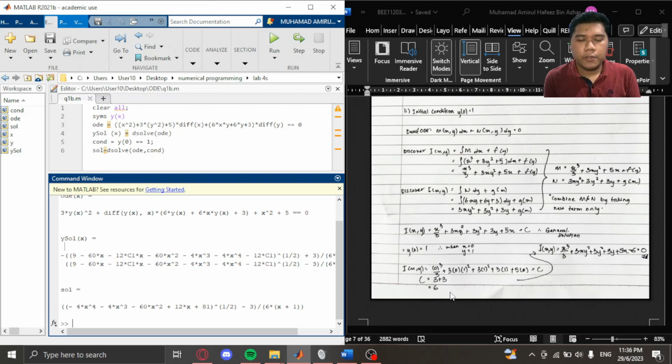This could be due to the transformation of the manual calculation to MATLAB, since when C is multiplied or divided by any number, it is still a constant C. So this could change the actual value of C. Because of that, the answer for the particular solution is slightly different.